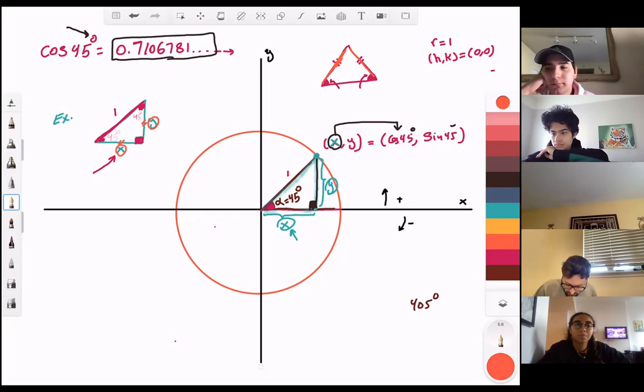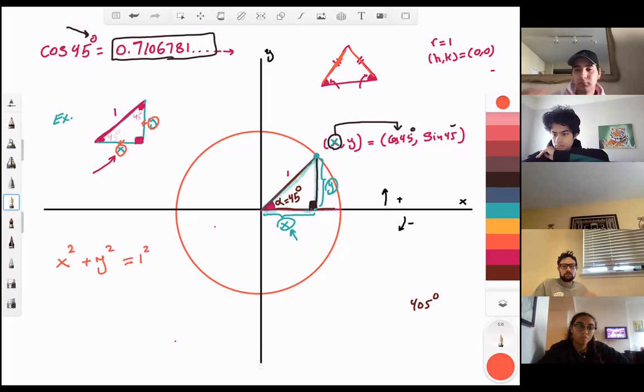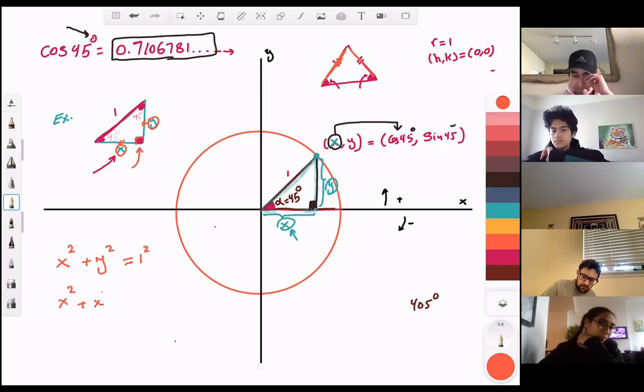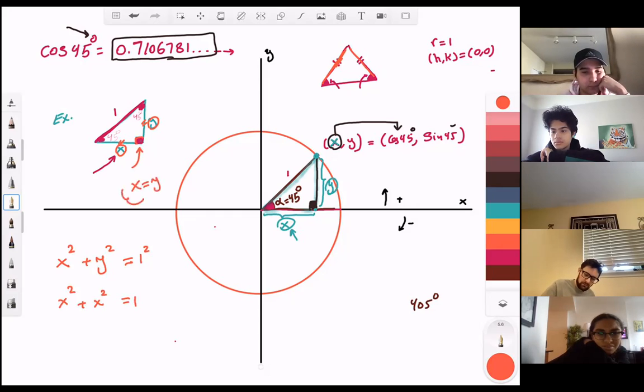Good. So I'm gonna apply Pythagorean theorem. X squared plus Y squared equal to 1 squared. Only Pythagorean happens on 90 degrees. X squared, instead of Y, I'm gonna put X because X and Y are equal. Good. X equal to Y because this triangle is an isosceles triangle, or they call it 45-45.